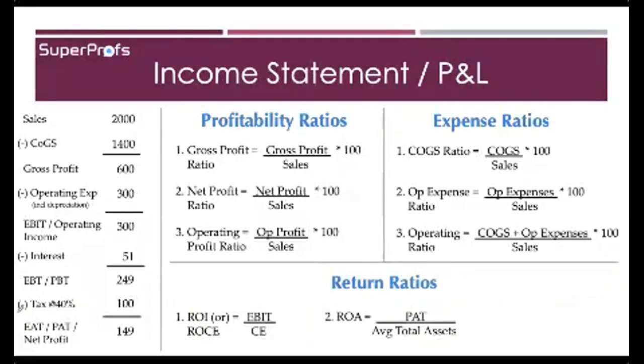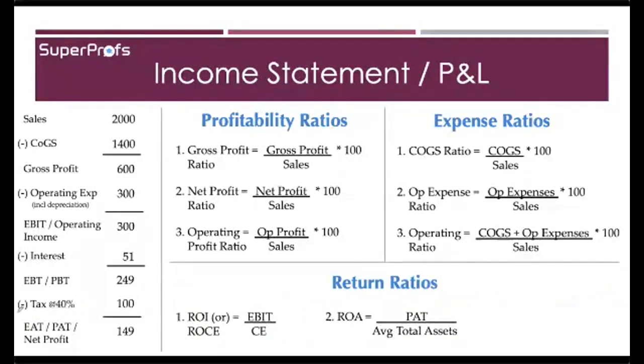The next one is return on assets, wherein you take the profit after tax or the net profit. So 149 upon the average total assets, whatever the total assets value is. And again, in our previous example, we had taken the value of total assets to be 600. So this will be your return on assets.